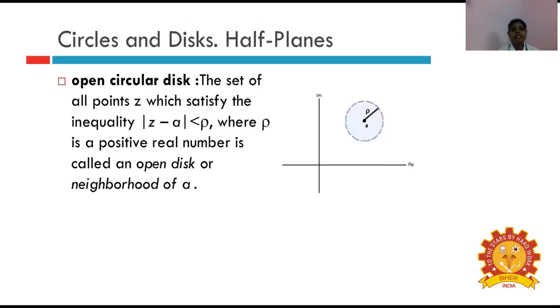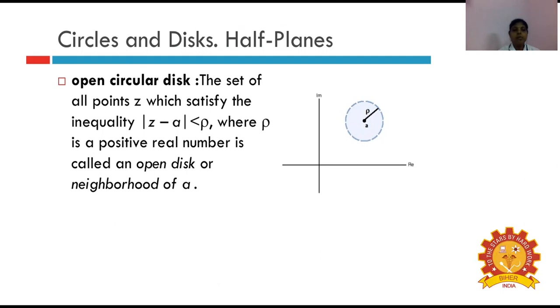Next, circles and disk on half planes. Open circular disk. The set of all points Z which satisfy the inequality modulus of Z minus A less than rho.